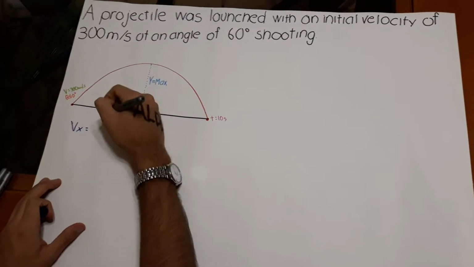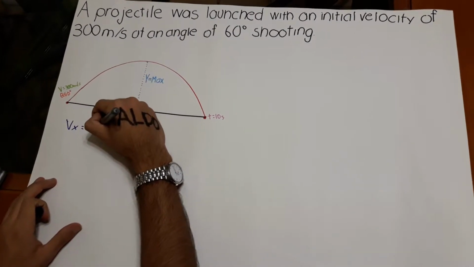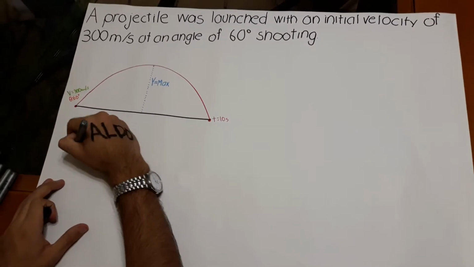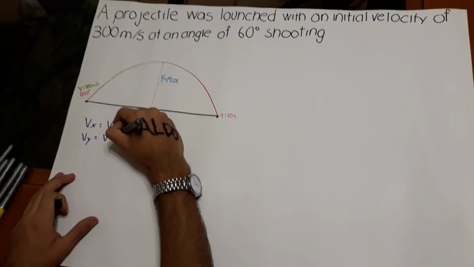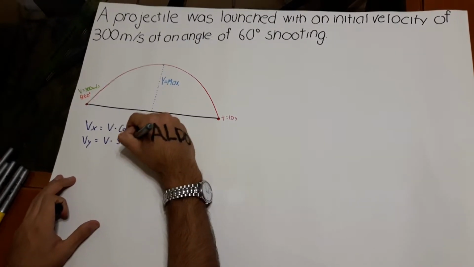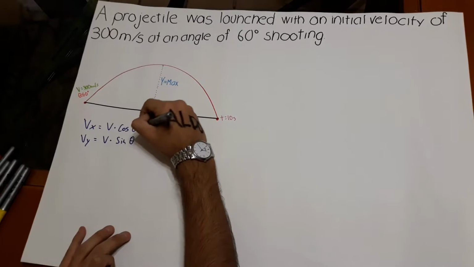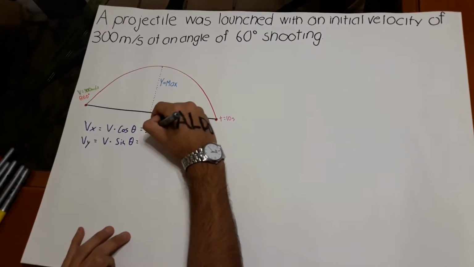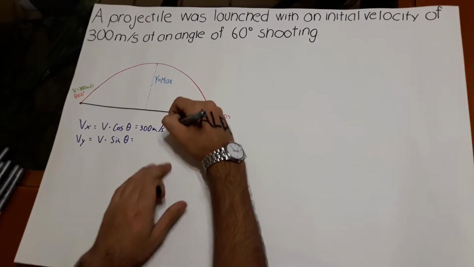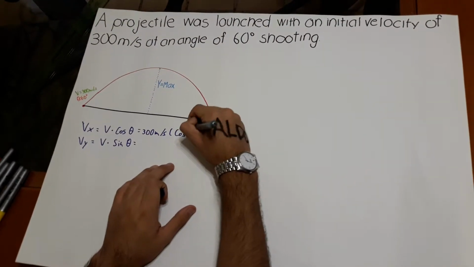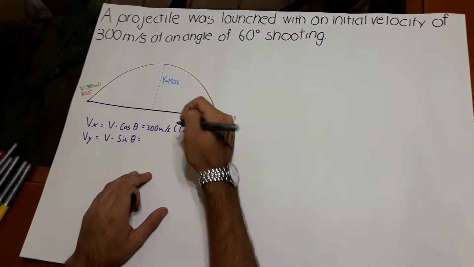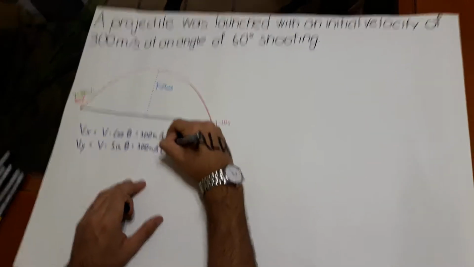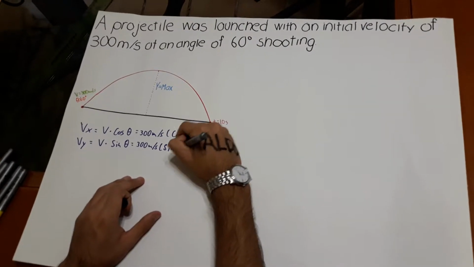Vx equals velocity times cosine of the angle, and Vy equals the velocity times the sine of the angle. So with the data, for velocity on x it will be 300 meters per second times cosine of 60 degrees, and for velocity on y it will be 300 meters per second times the sine of 60 degrees.